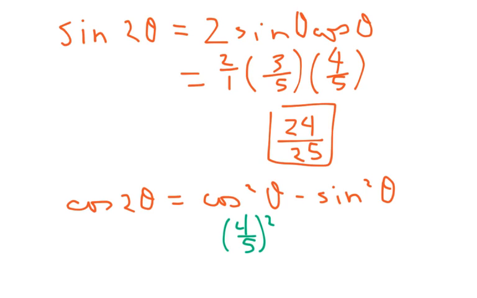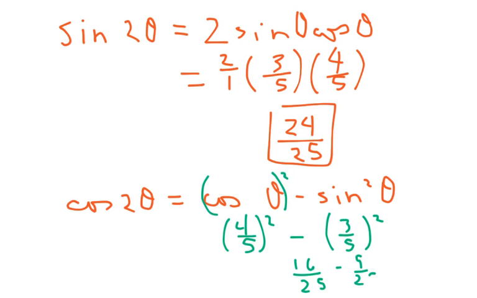Remember, technically, the square really goes there. So it's really this. Minus sine squared of theta is 3/5 squared. And we're going to subtract 16 over 25 minus 9 over 25, which equals 7 over 25. And you're done with that.